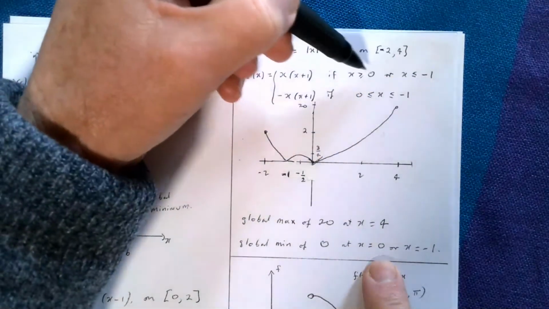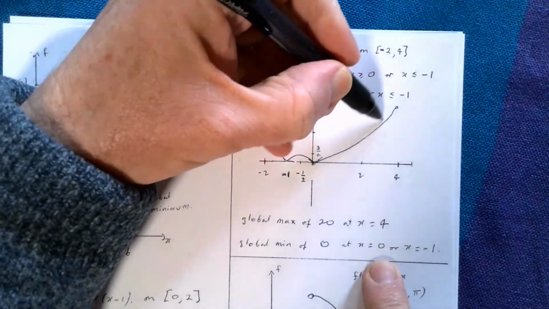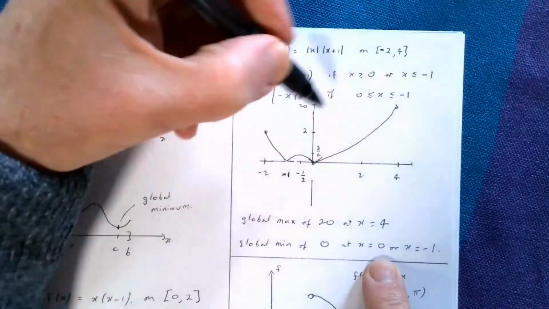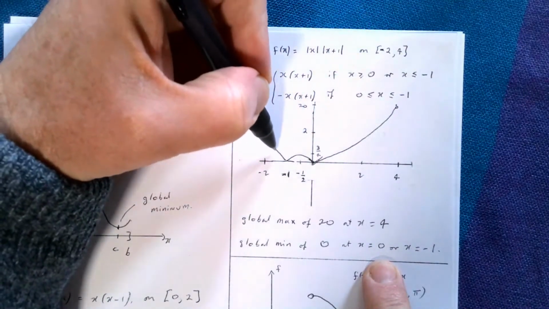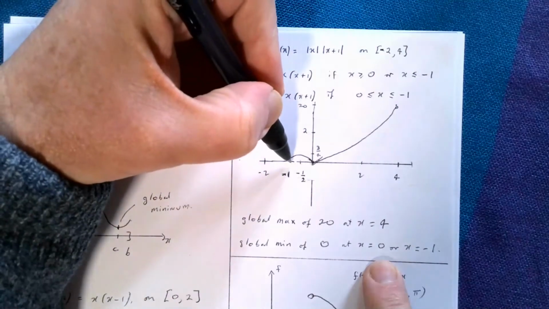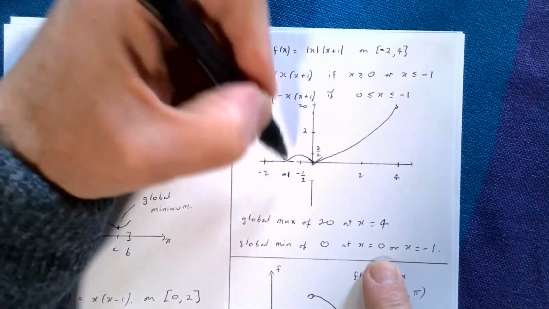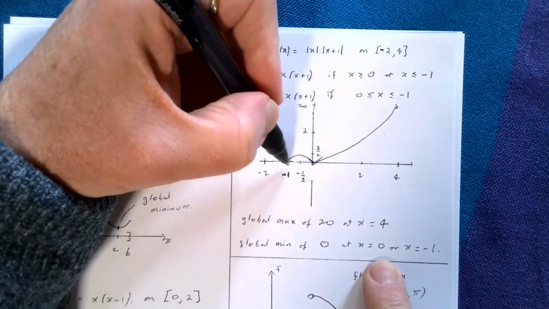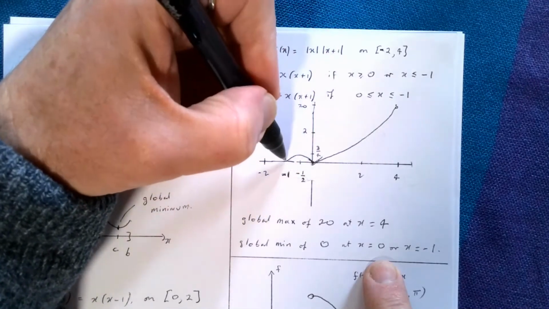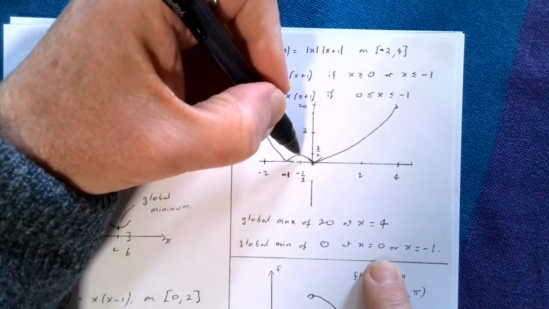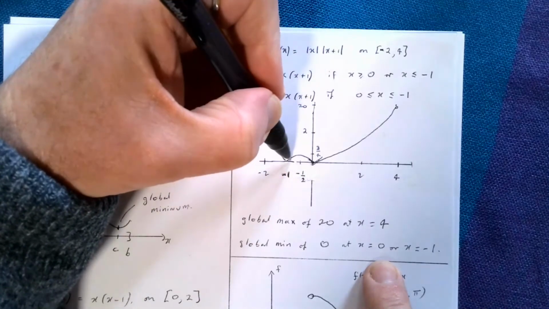If x is bigger than 0, I can draw this much of the parabola here. And if x is less than -1, I can draw this much of the parabola here. And what's happening in between is we're getting minus the parabola. So instead of going down below here, this little piece of the parabola will get reflected up here.